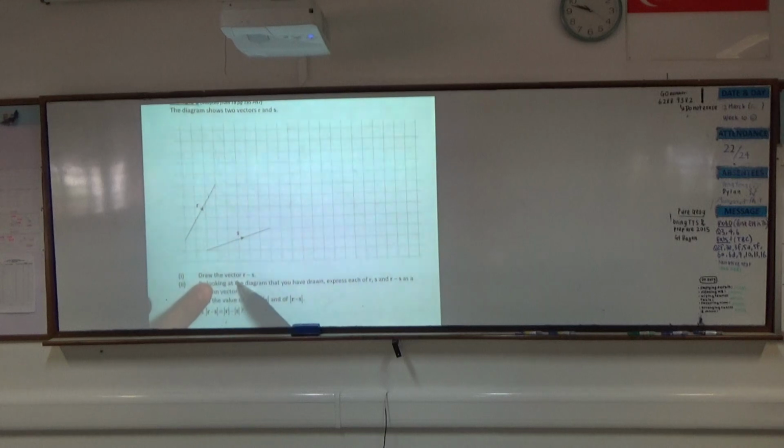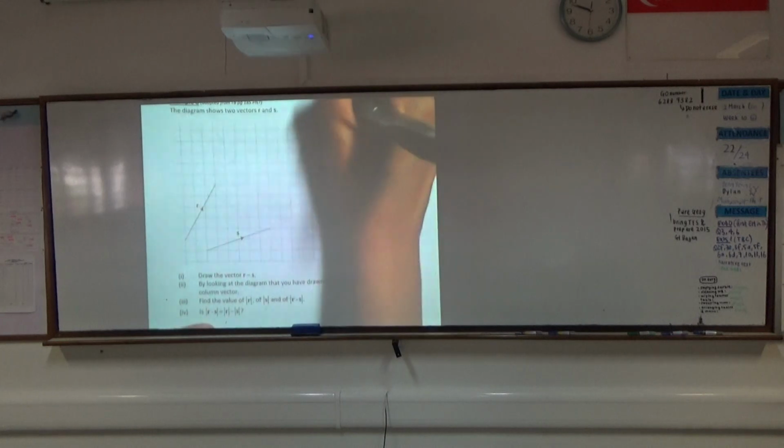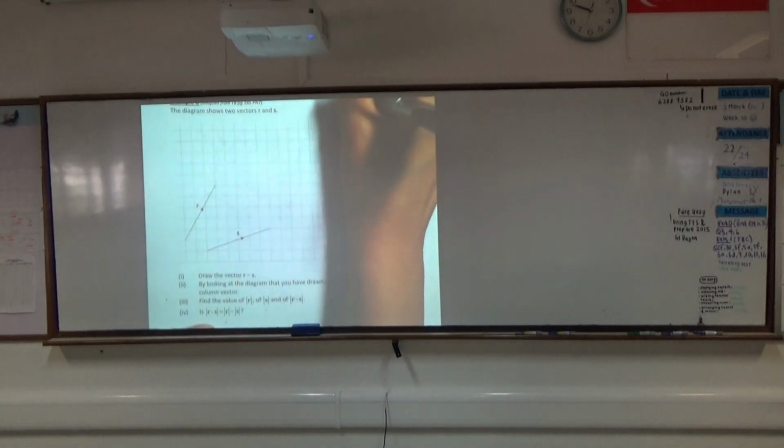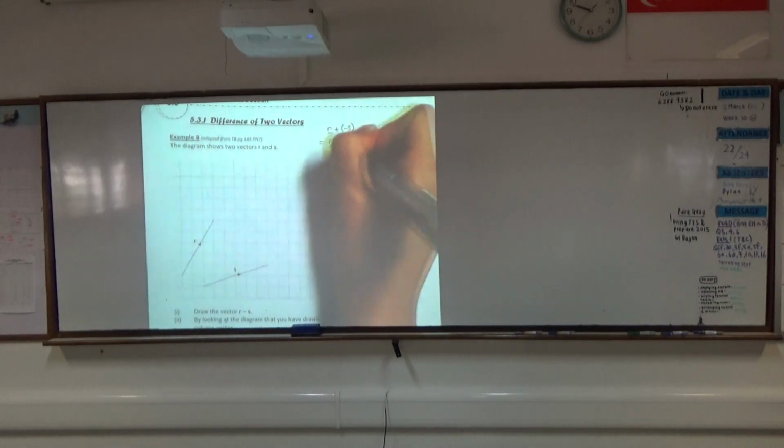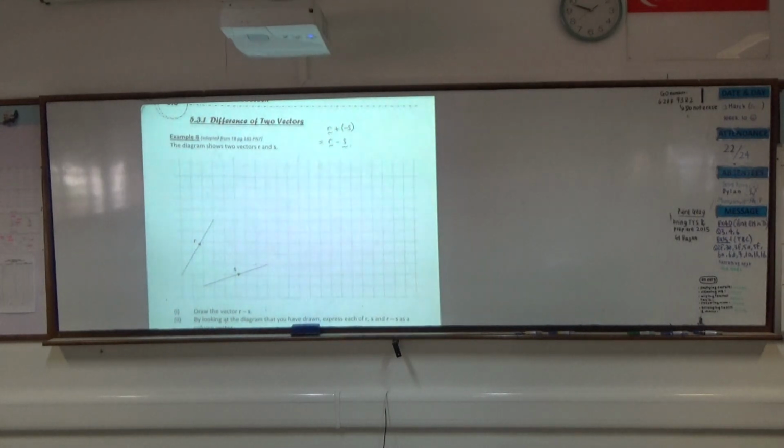If you want to draw the vector R minus S, do realize that R minus S is as good as thinking of R plus my -S, because just like in algebra, when we have plus and minus, it simplifies to a minus.